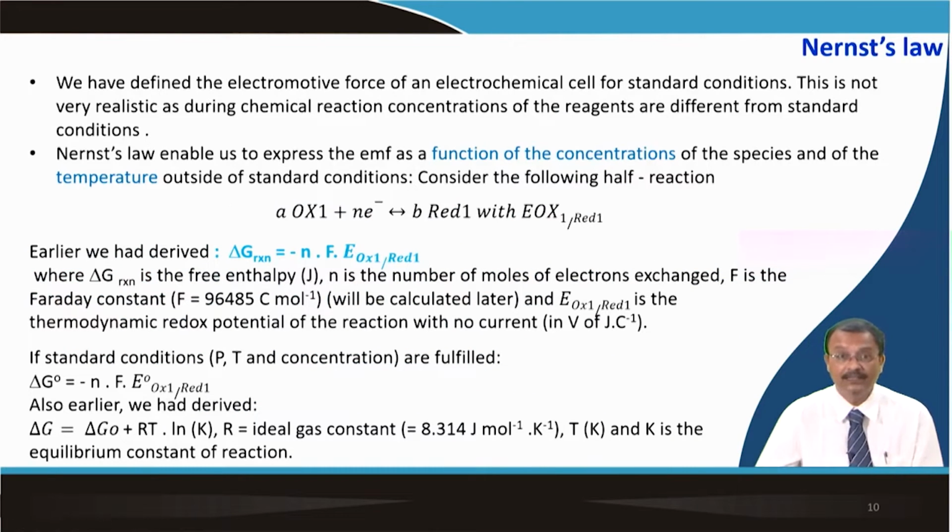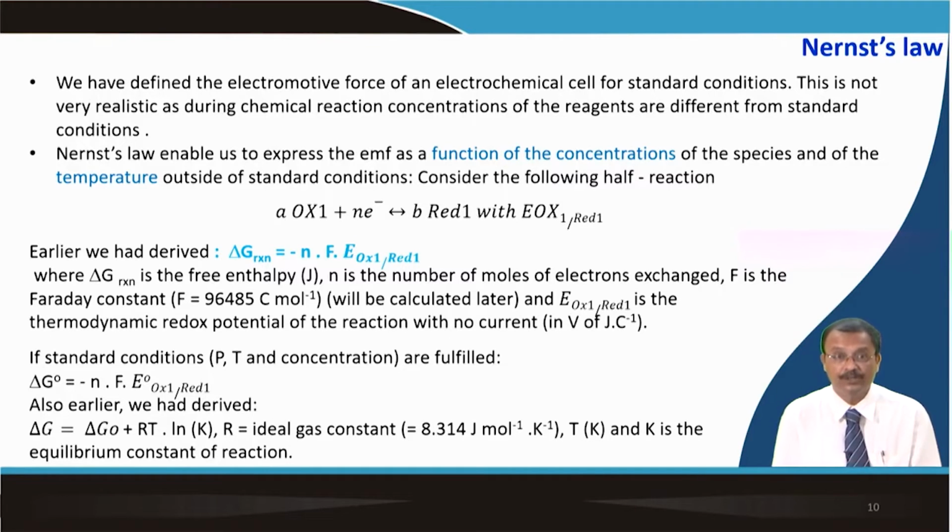So, we have defined the electromotive force of an electrochemical cell for the standard condition. This is not very realistic for chemical reactions, because the reagents can have different conditions from the standard condition we have defined.